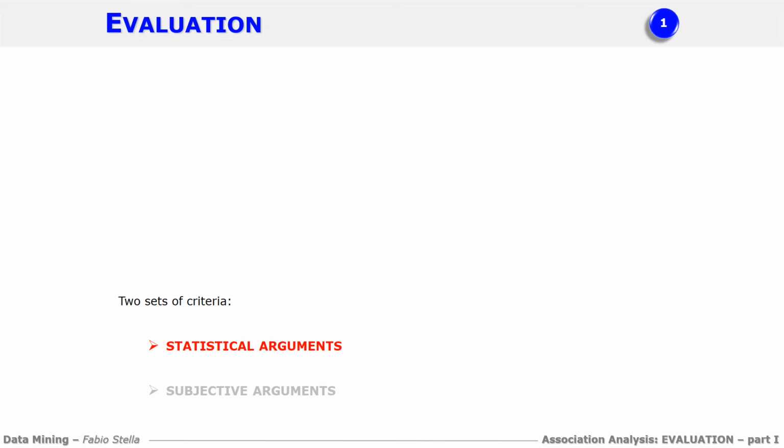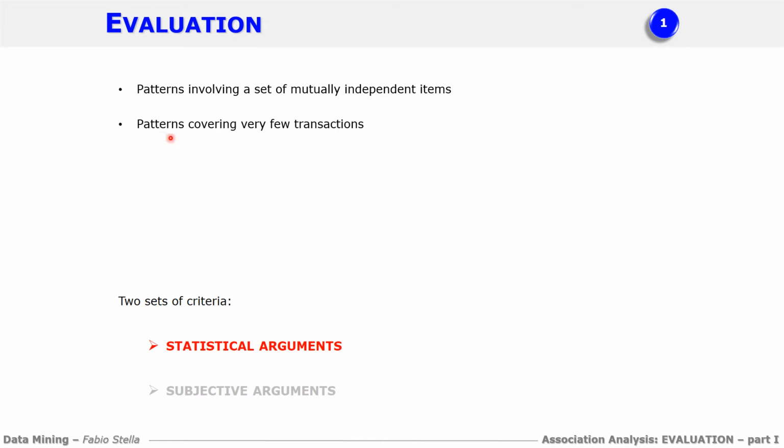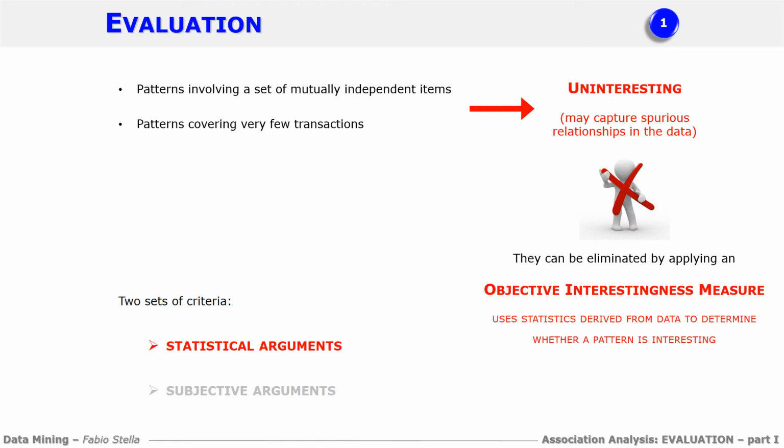This set of criteria search for patterns involving a set of mutually independent items and on patterns covering very few transactions. Indeed, such type of patterns are known to be uninteresting, and this is because they may capture spurious relationships in the data, so this type of patterns must be removed.